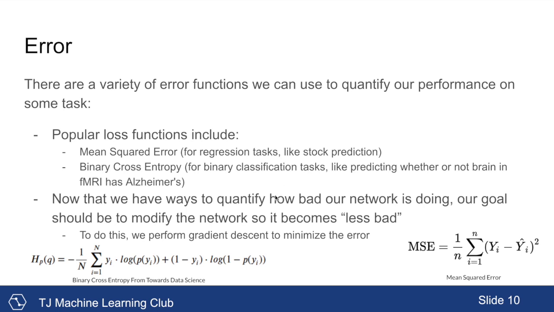And error functions basically take the current outputs that your neural network is outputting with the weights that you have, and then compare them to the correct answers, right?